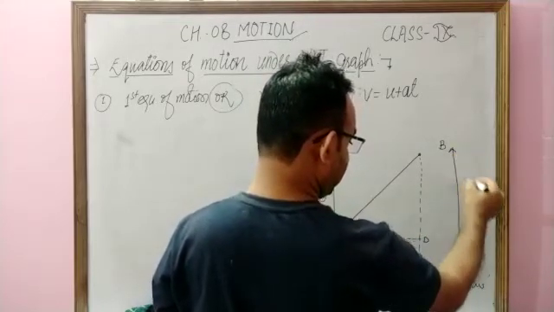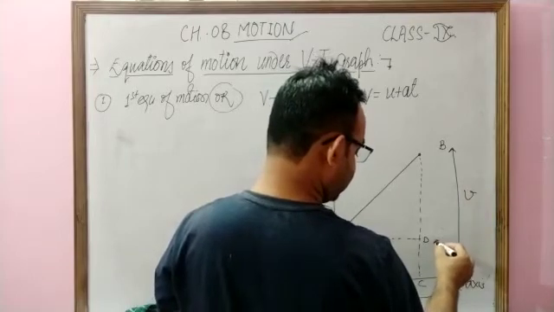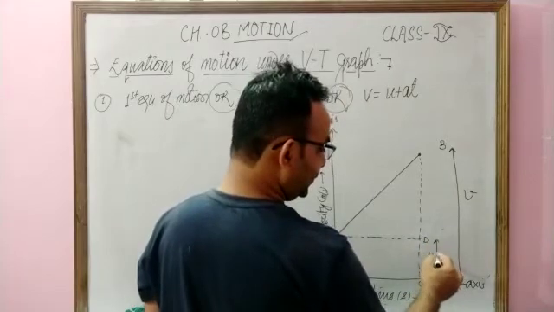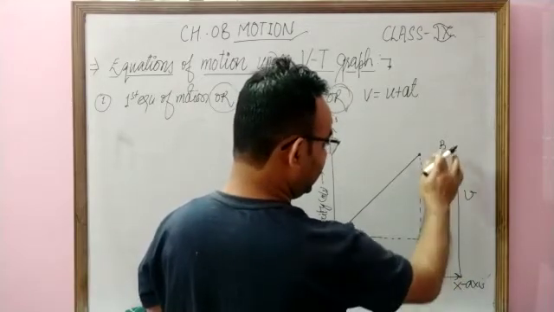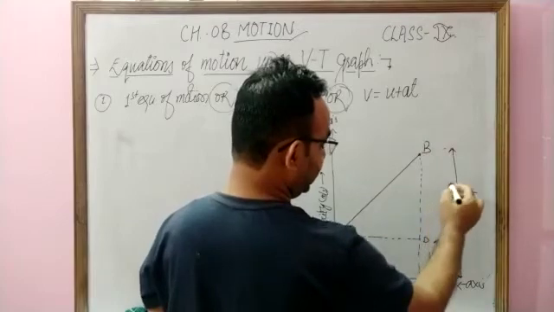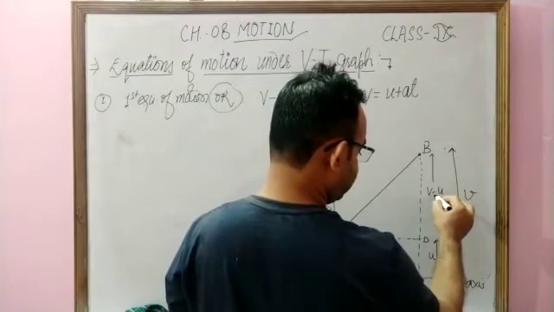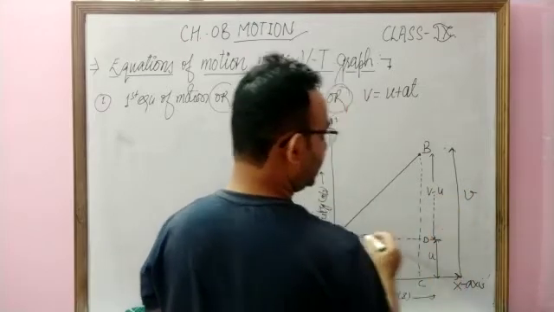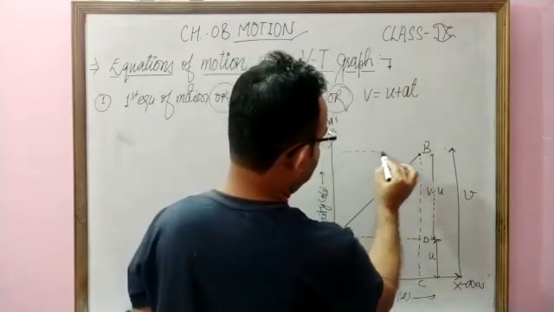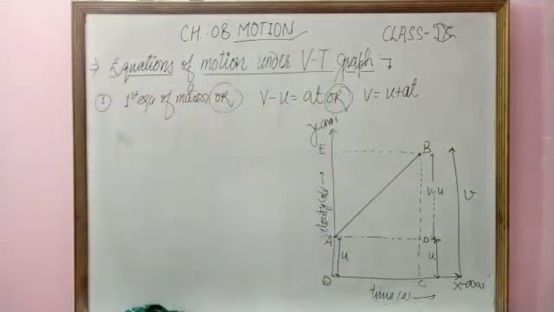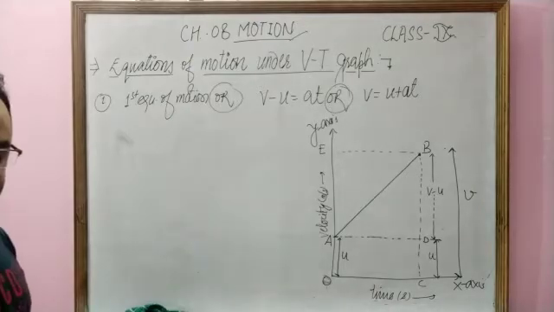This is here velocity V, but as OA is equal to DC is equal to U, it means BD, this one is B, BD you may write as V minus U up to here. Okay, one more perpendicular BE on the vertical axis. Clear? Or you can say velocity axis. Is it clear?